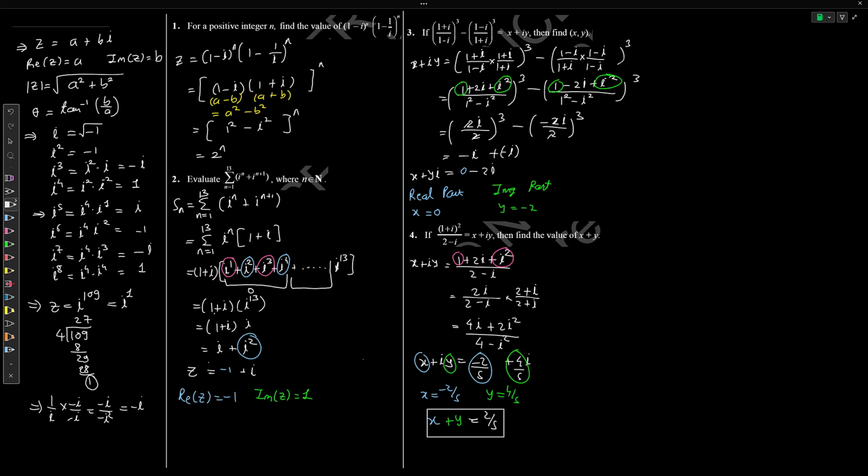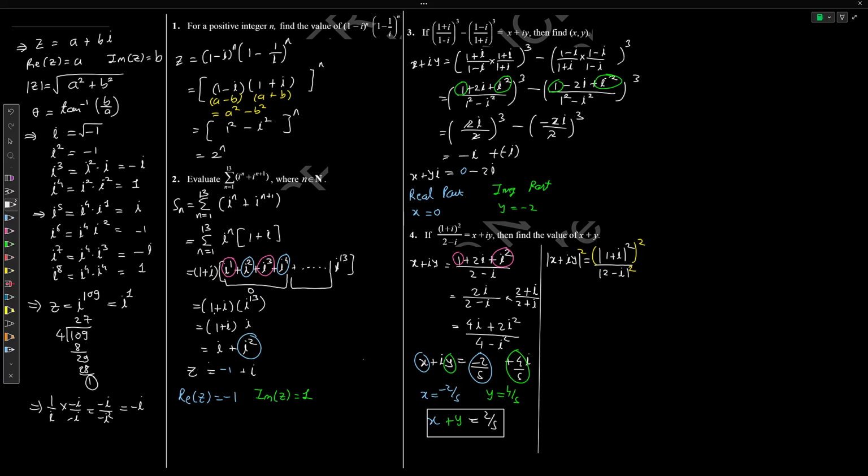Alright, now a twist. Suppose we have to find out x square plus y square. In that case, take modulus on both sides. But modulus brings an under root, so to avoid that, let's square both sides. Let's talk about the left hand side.